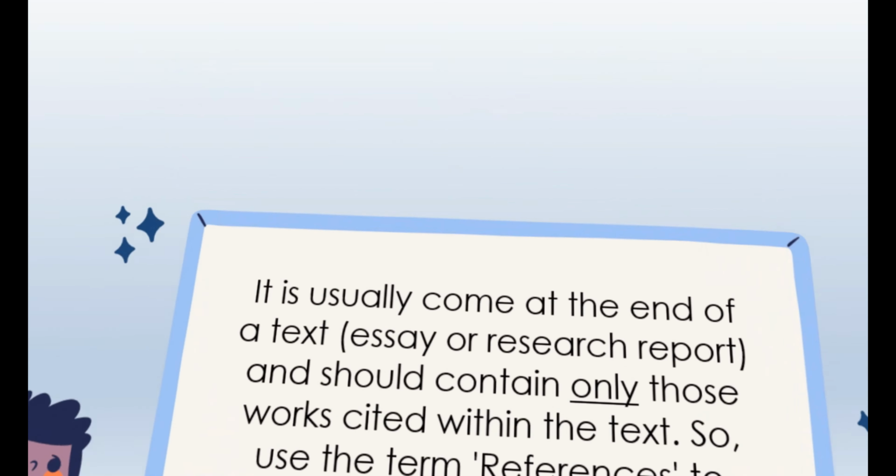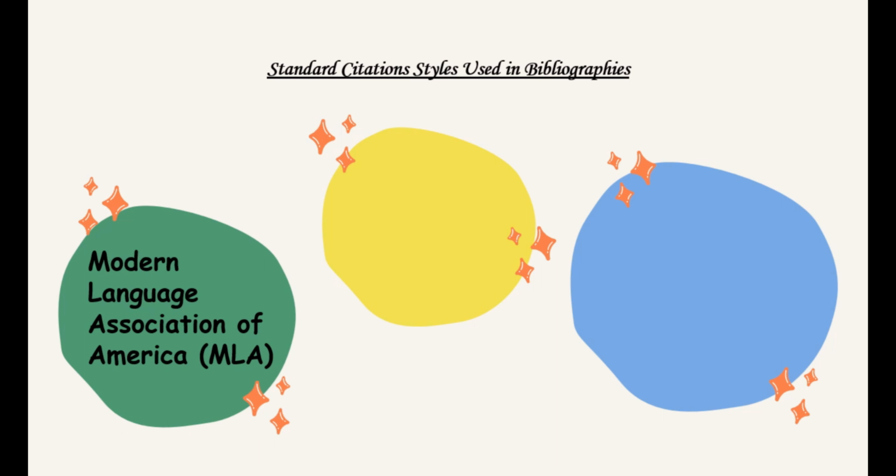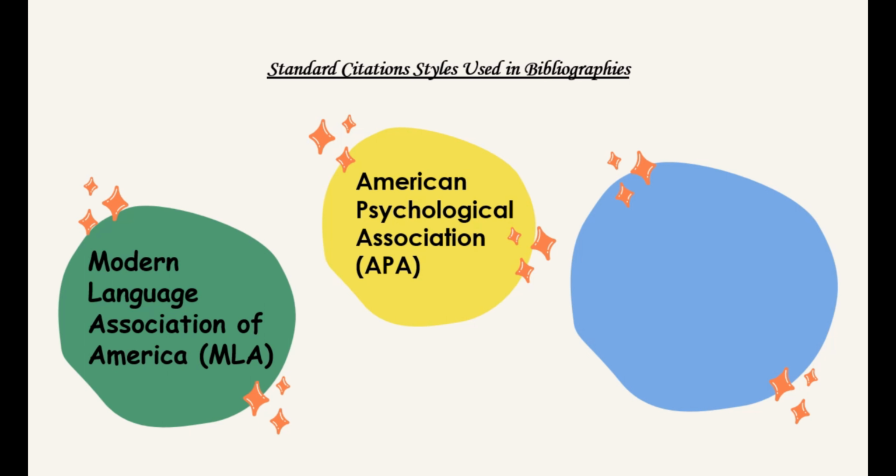Here are our conventional citation styles. The first one is the Modern Language Association of America, or what we call the MLA style. Language arts, cultural studies, and other humanities subjects most frequently employ MLA format when citing sources. We also have the American Psychological Association, or what we call APA style.